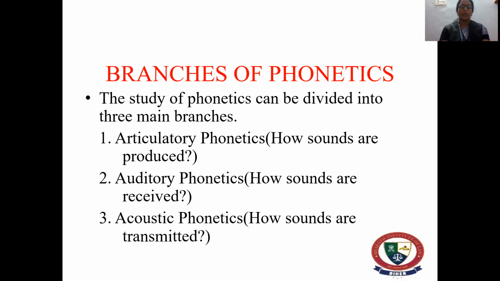It talks about how sounds are received. Earlier, how sounds are produced, that is articulatory. In the second part, how sounds are received. Once you produce something, once you say something, it should be received in the right sense. Only then is there some usage of producing certain sounds, or in other words, speaking something. So these two branches: producing sounds and receiving sounds.